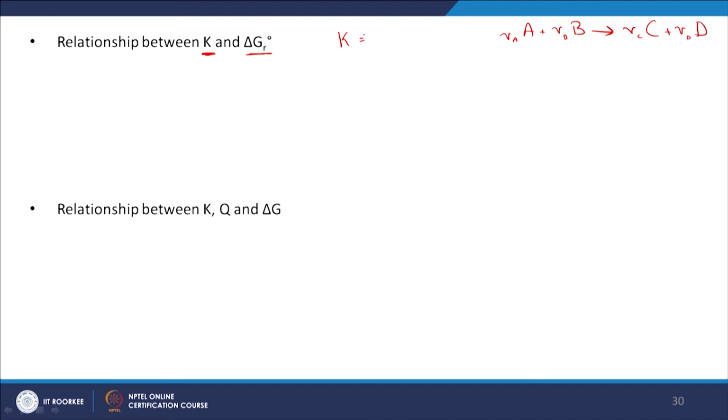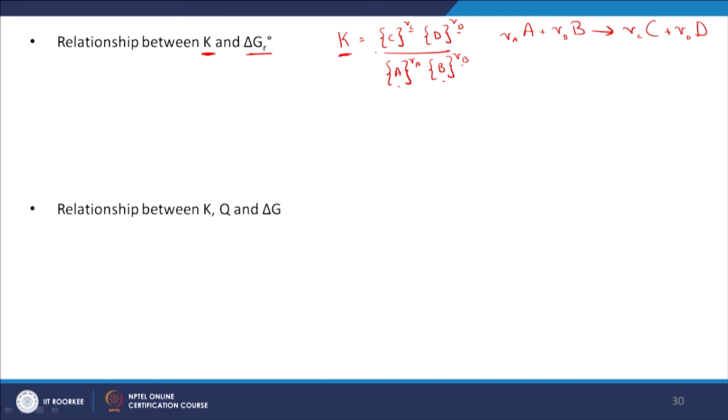When the system has reached equilibrium, you will have relevant activities. Here we have activities of the products raised to their stoichiometric coefficients divided by activities of the reactants raised to their respective stoichiometric coefficients.